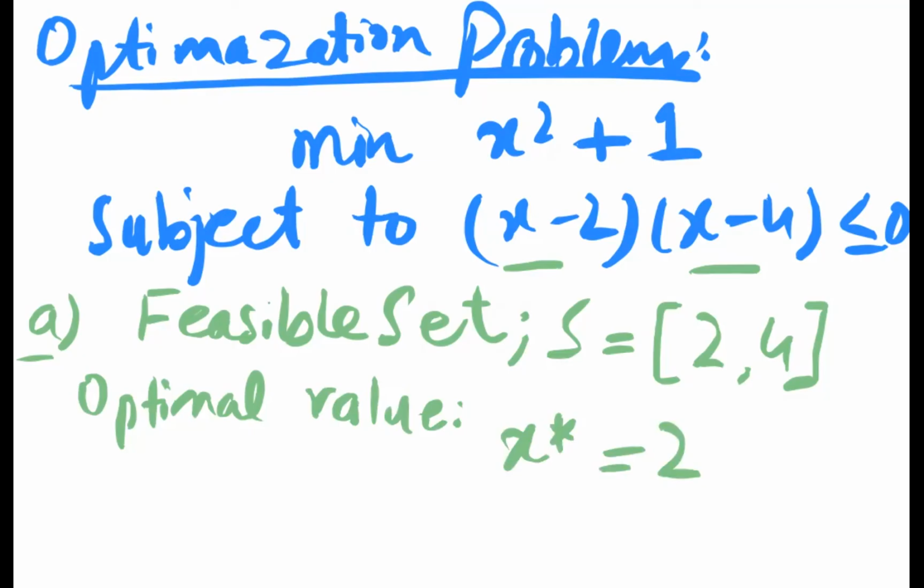Formally speaking, since it is a monotonic function, the optimal point will be the leftmost, or smallest, value of the feasible set.